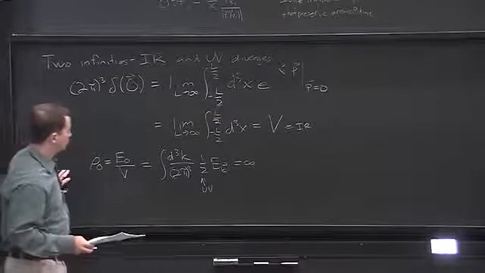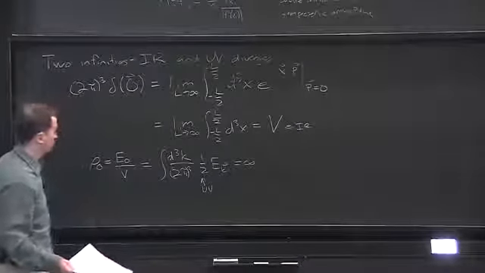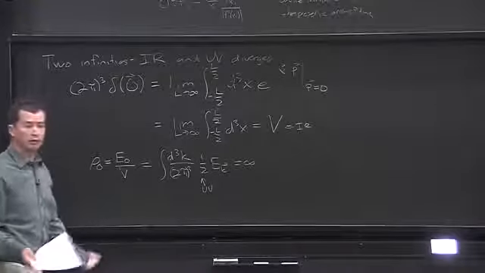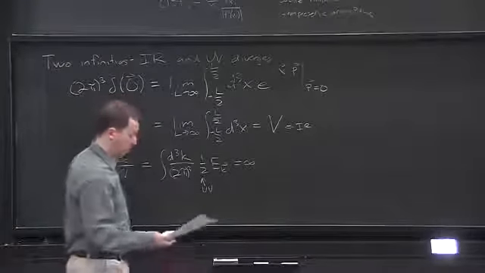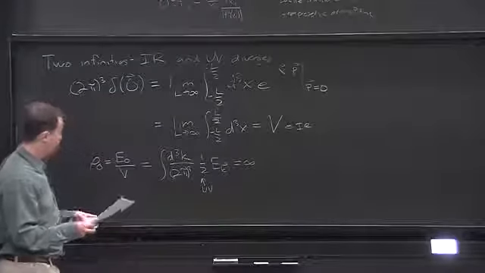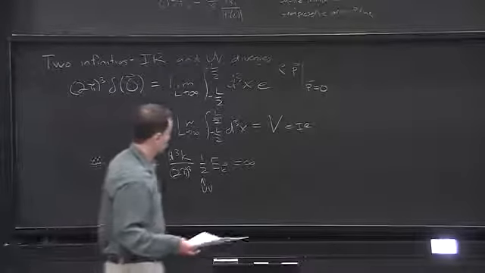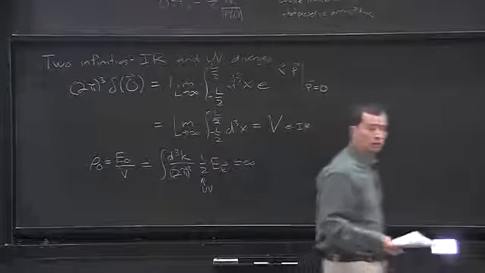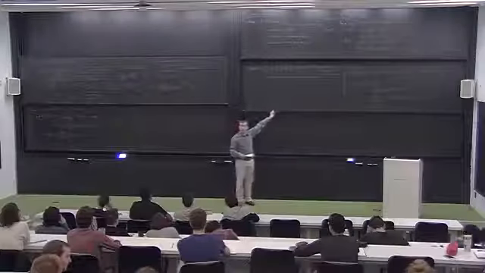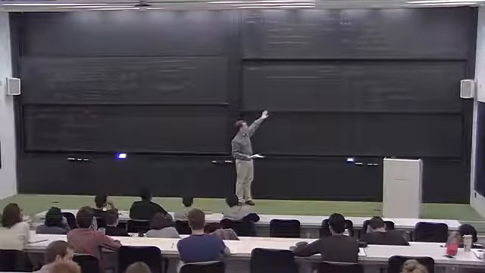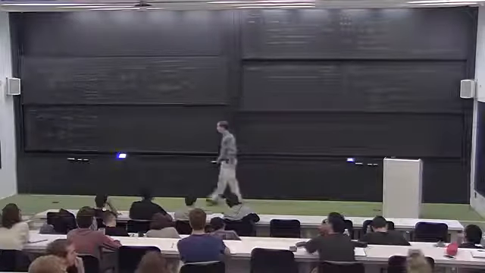So how serious of a problem is this? Well, in non-gravitational physics, usually only energy differences are observable. So it's not a serious problem. Nevertheless, we know, based on the argument about the ambiguity, that we have to impose an ordering prescription in order to get a well-defined quantum field theory.